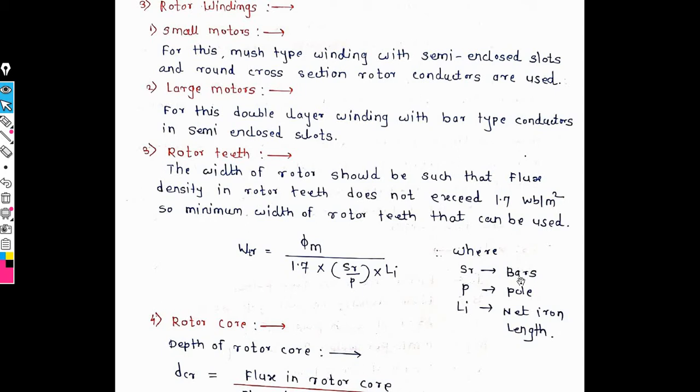SR means number of bars used in rotor teeth, P means number of poles, and Li means net iron length. These are the symbols for this formula, and it is very important to find the rotor teeth width. This is an important type of rotor winding.